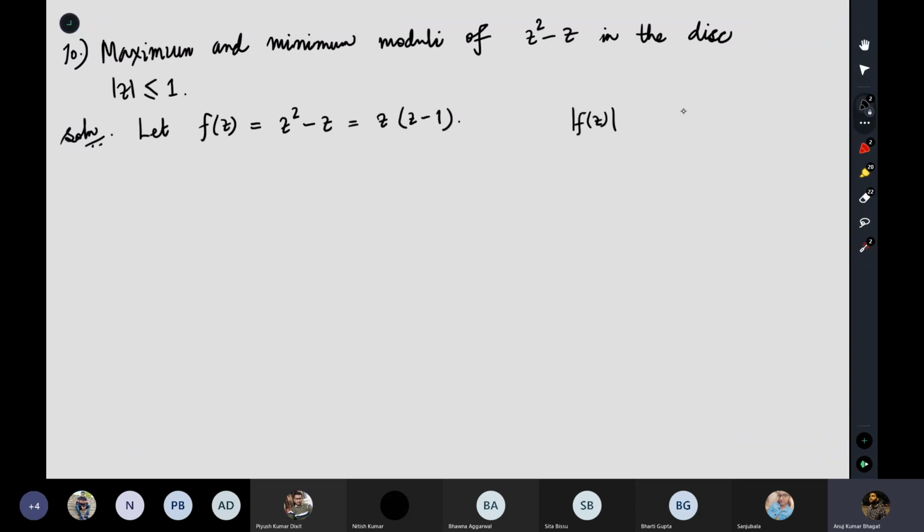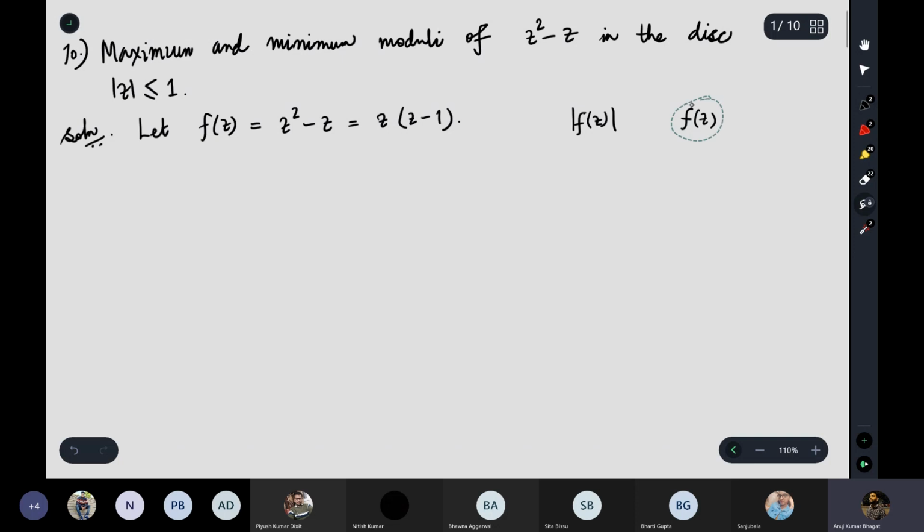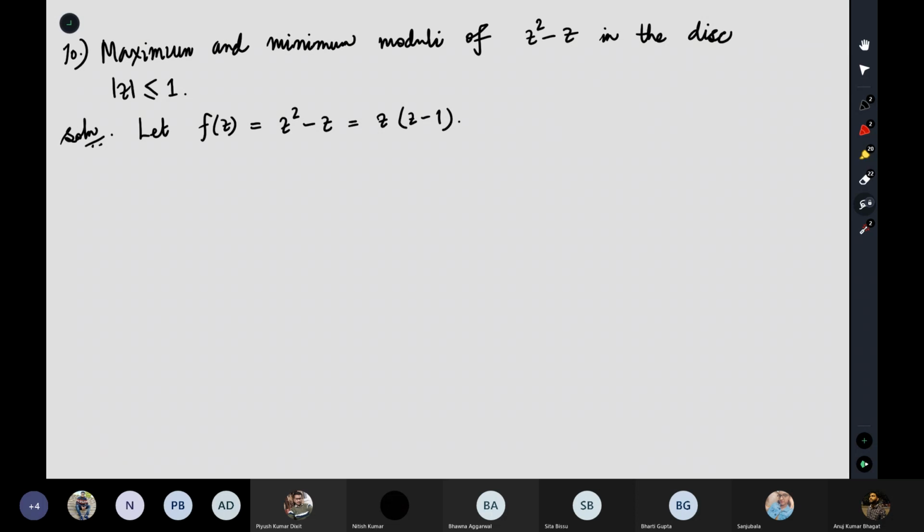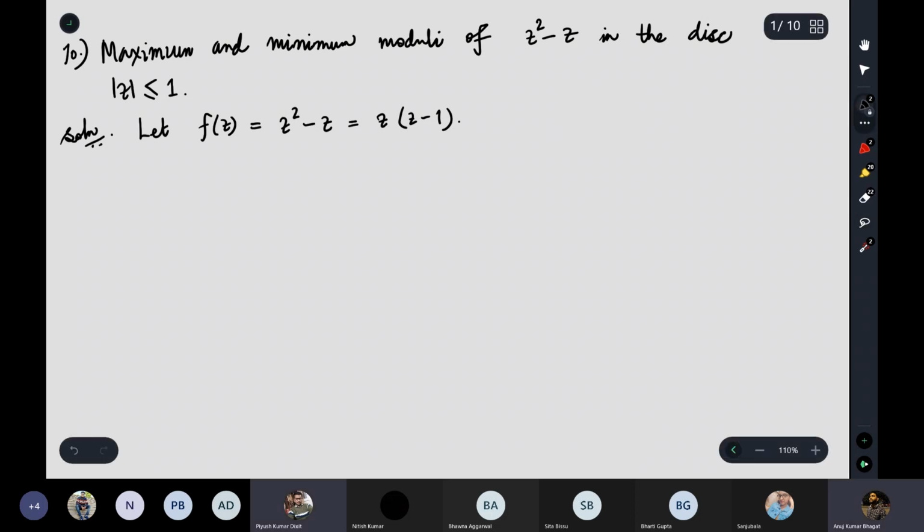You cannot talk about the maximum and minimum of just f(z) because the field of complex numbers is not ordered. So what is your approach? As f(z) is analytic and non-constant, the maximum is attained only on the boundary. So we check at mod z equal to 1.